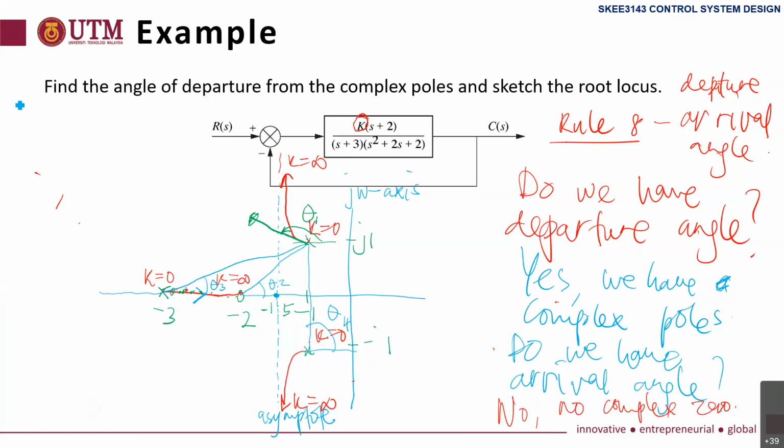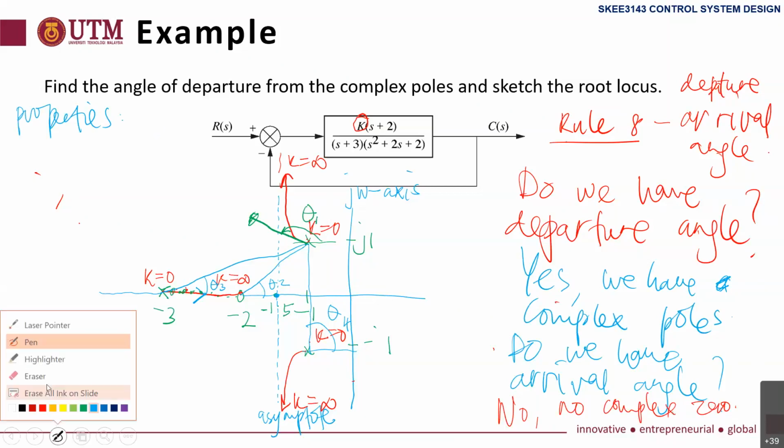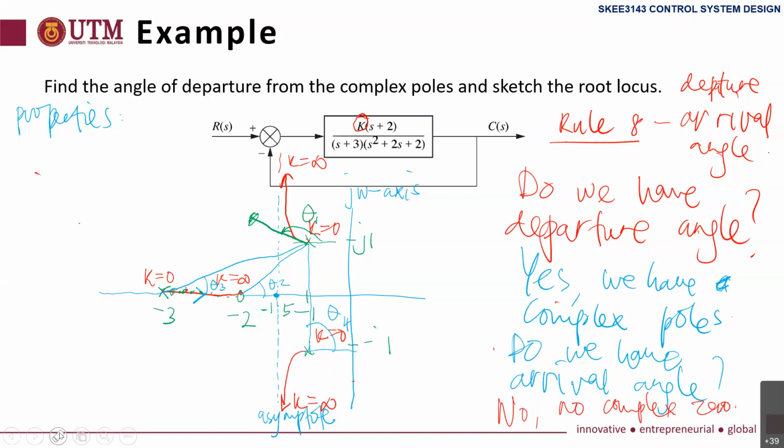Then we use the properties. We say that minus theta 1, because theta 1 is a pole, always negative, plus theta 2, a zero, positive, minus theta 3, minus theta 4, equal to 180 degrees.